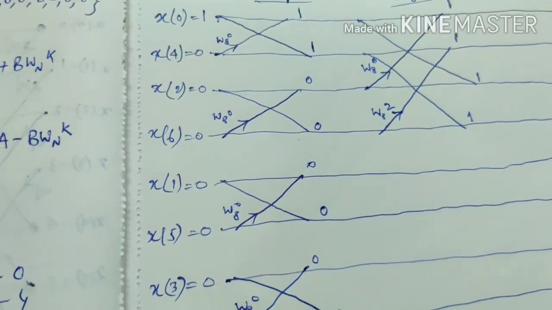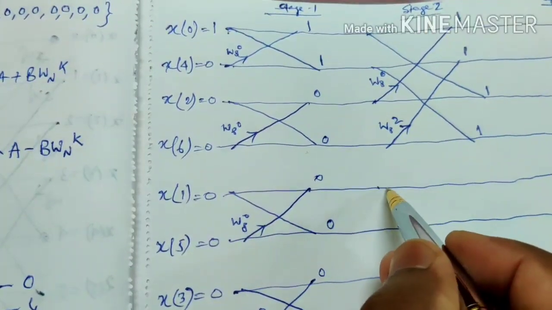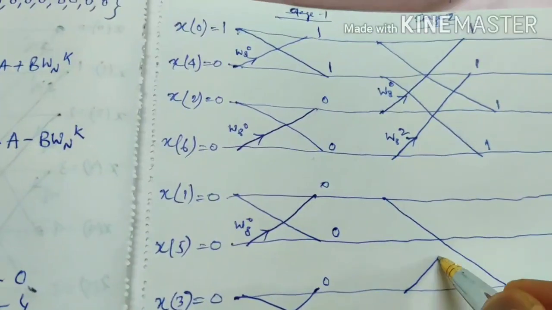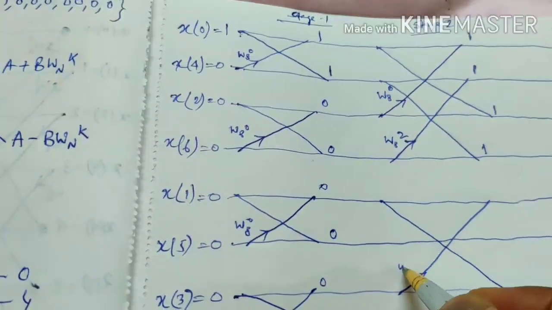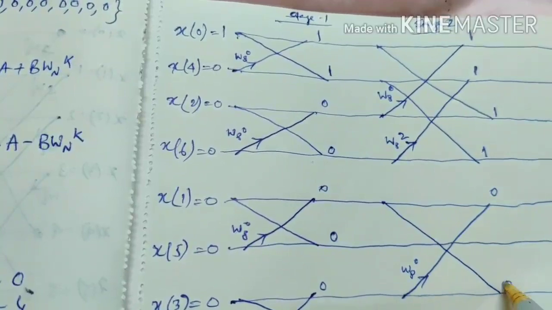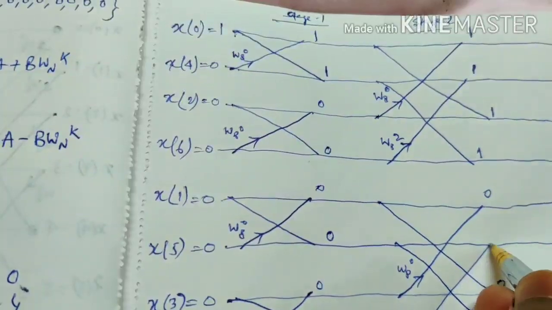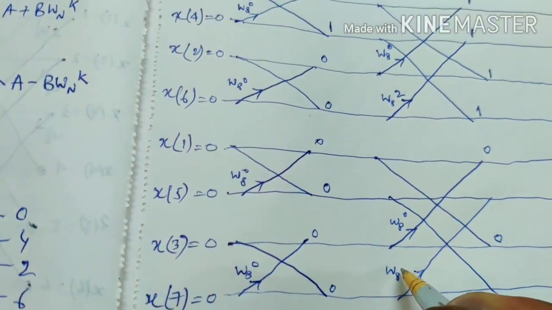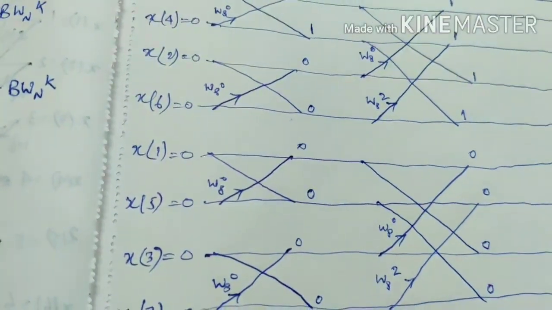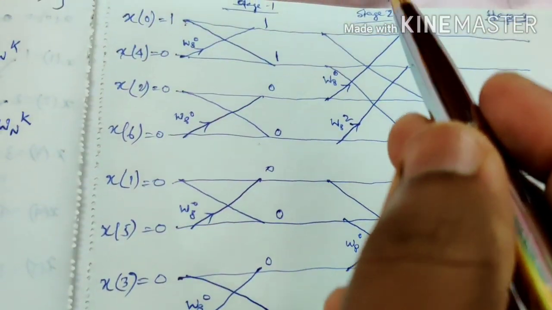Similarly for the stage 2 operation, omega 8 0, both are 0, so this value is also 0. This is omega 8 2, both values are 0, so both are 0. So this is the complete operation of stage 2.